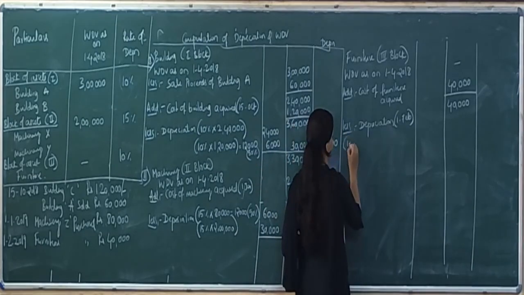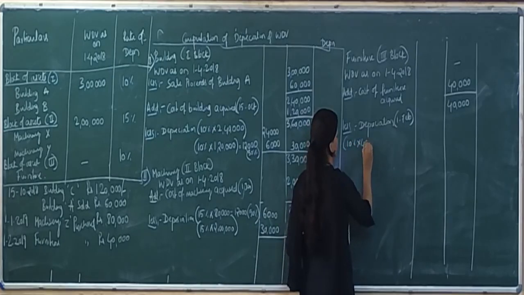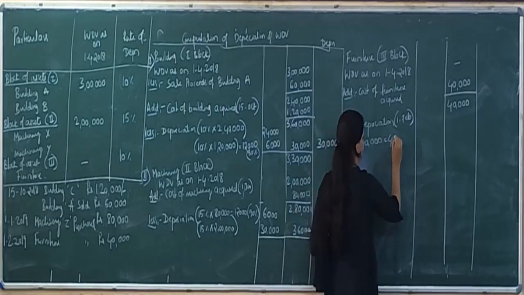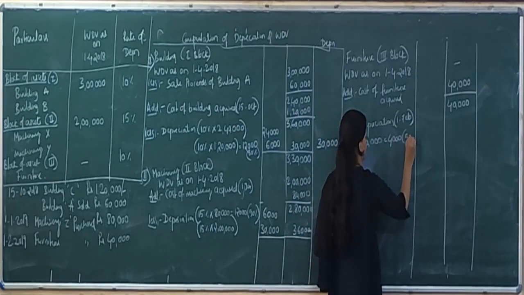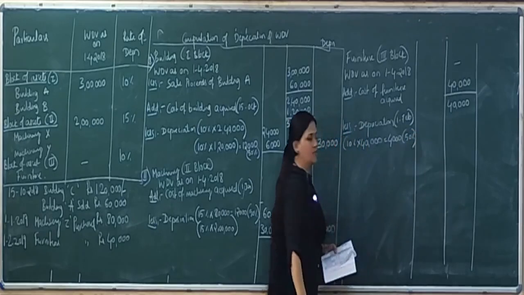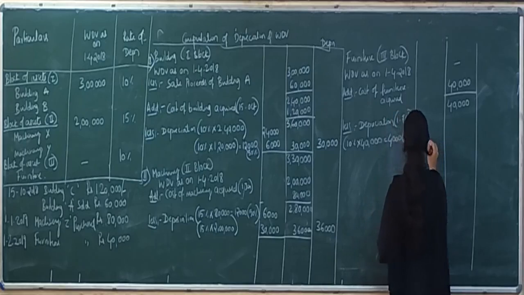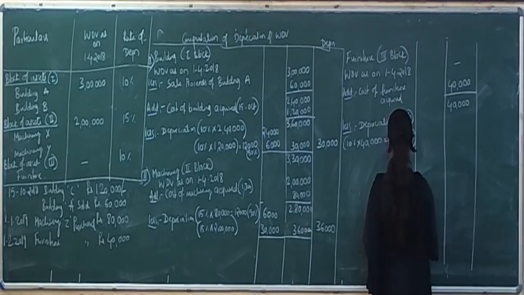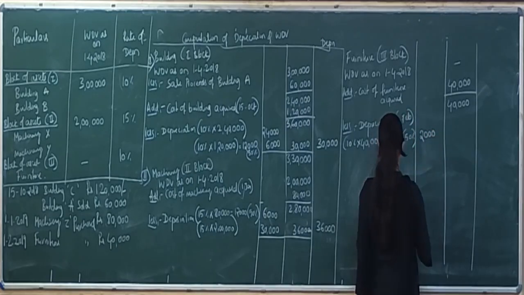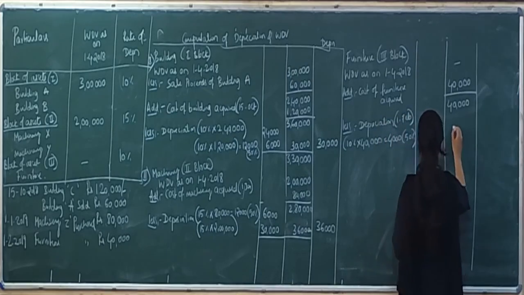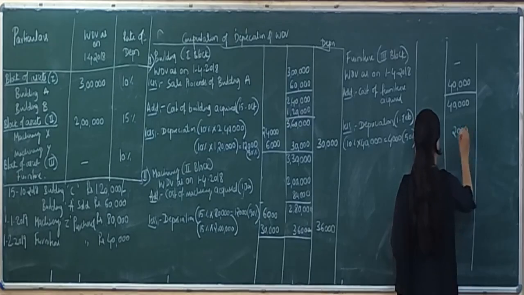The rate is given as 10%. So 50% of it comes to, directly we can write it here, 2,000.